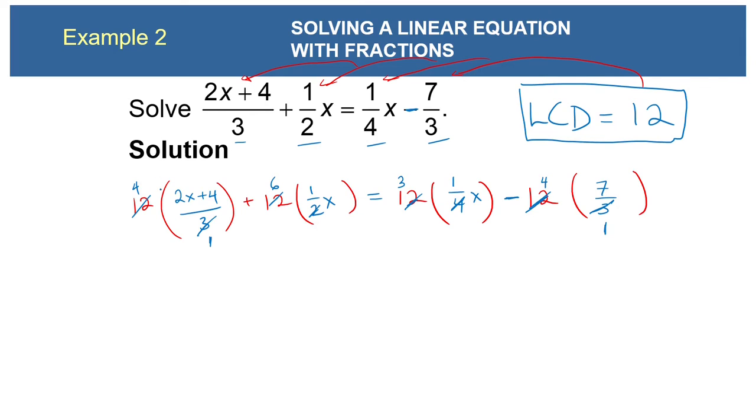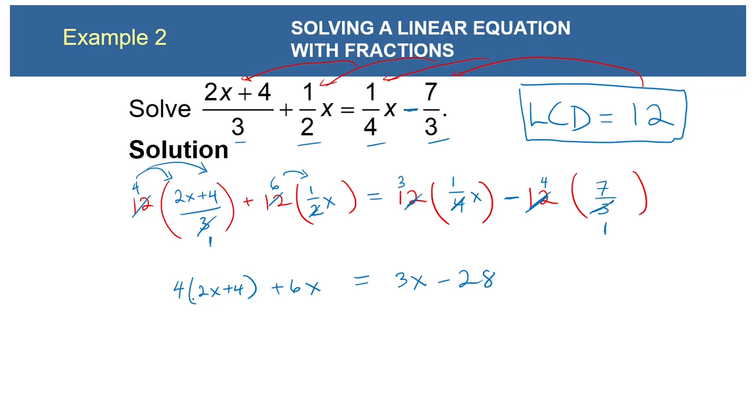So I'm going to distribute now. We have 4 times 2x plus 4, which we will distribute later. We have 6 times 1x, which gives us 6x. We have 3 times 1/4 x, which gives us 3x. Negative 4 times 7 gives us negative 28.